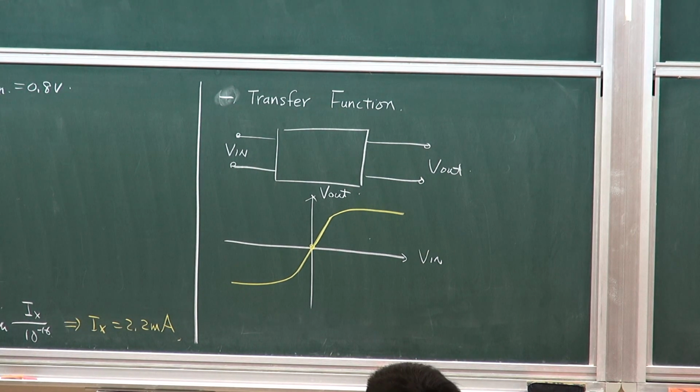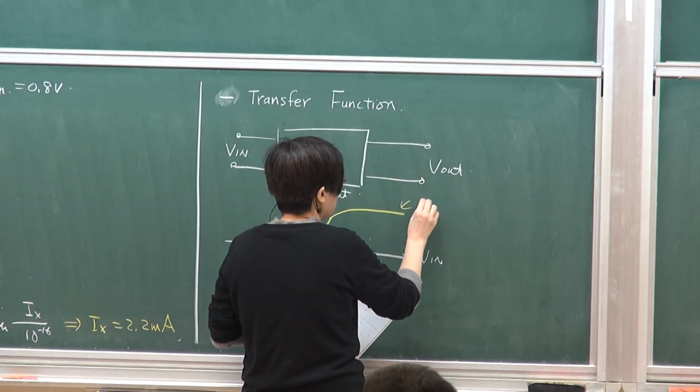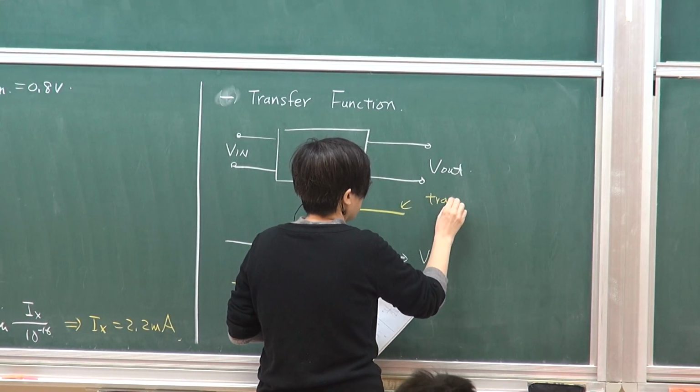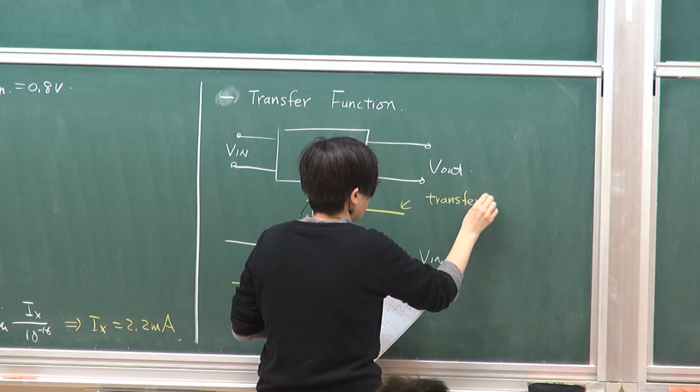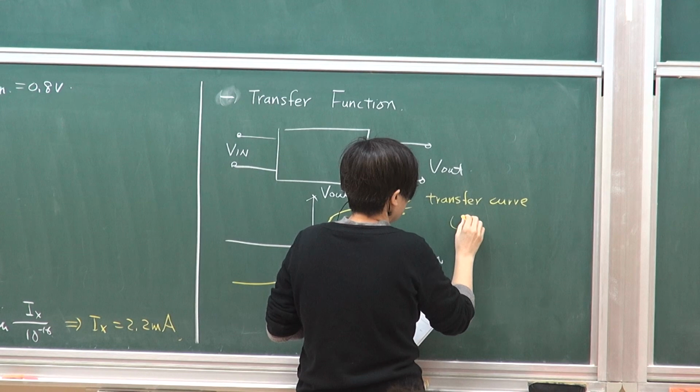The line in yellow is what we refer to as the transfer curve, or transfer function.